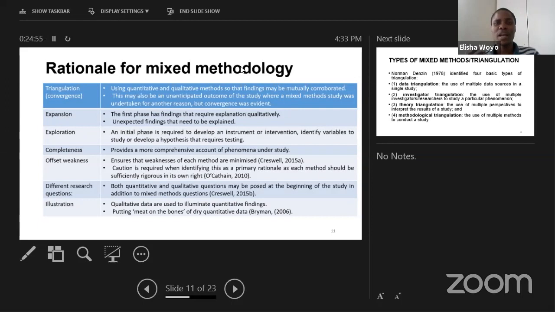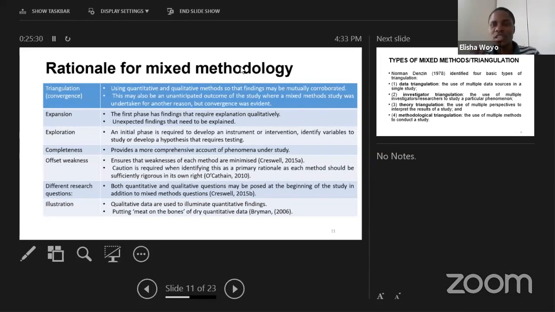We also do mixed methodology because we want to expand something. Like what I did in my PhD, I did my data collection in phases. I am predominantly on the quantitative side of things, but because someone on my supervisory team was from the qualitative side, they wanted me to first do an initial phase of data collection where I developed some skills in a qualitative manner.